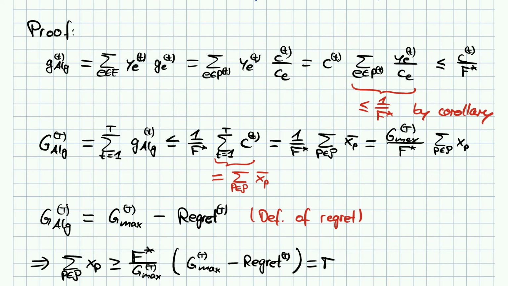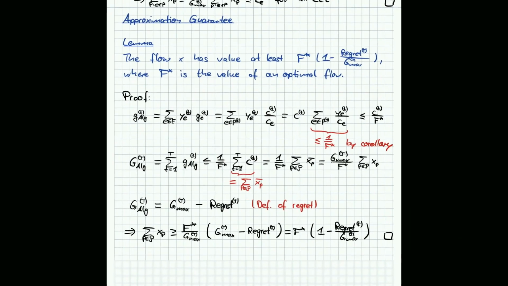Which is nothing but f star times 1 minus the regret divided by G max. And, believe it or not, this was exactly what we were claiming.